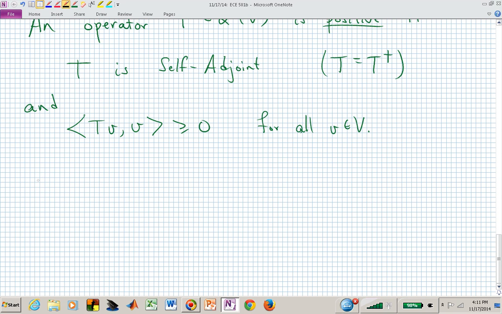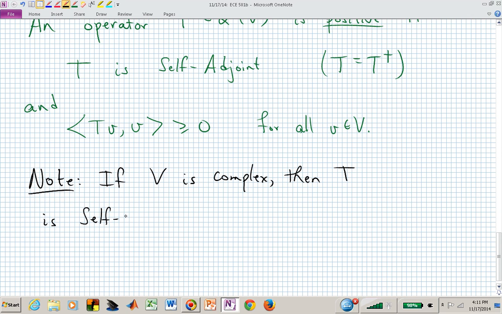All right, let's move on. Note, if this underlying vector space or inner product space V is complex, then the operator T is self-adjoint whenever this inner product of TV with V is real.